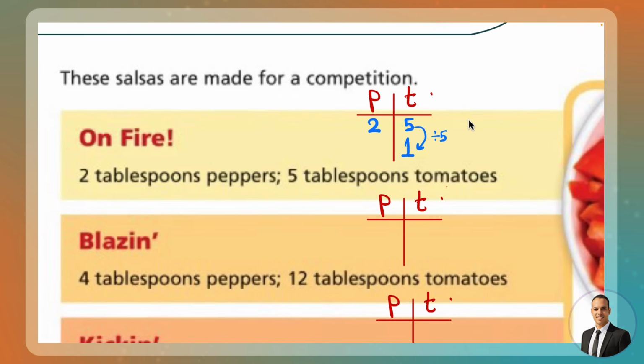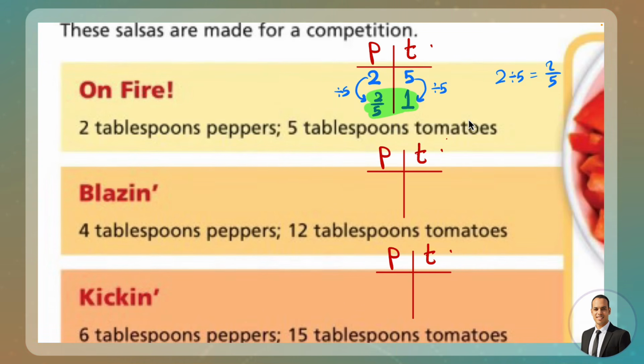So you'll divide the amount of peppers also by 5. So 2 divided by 5 is the same as 2 over 5. So it's just 2/5 tablespoon peppers to 1 tablespoon tomatoes. Okay, so this is the unit rate here. For 1 tablespoon tomatoes, we have 2/5 tablespoon peppers.